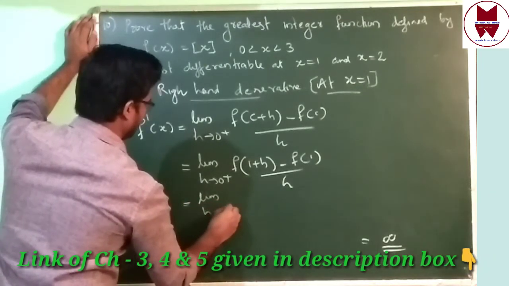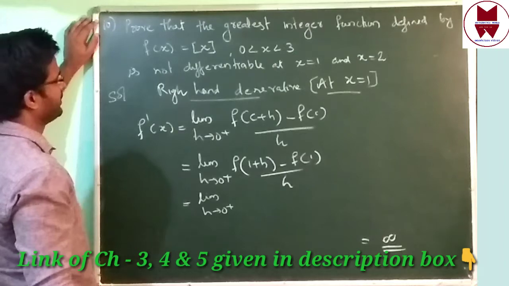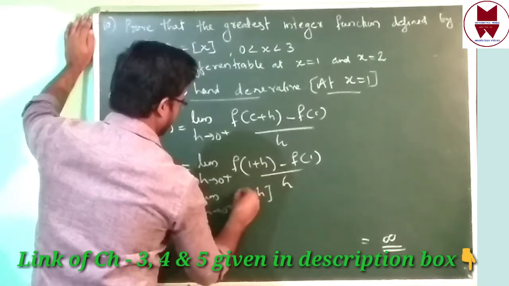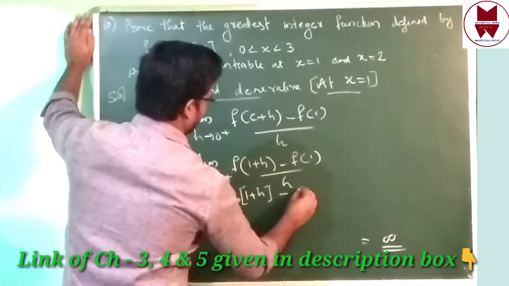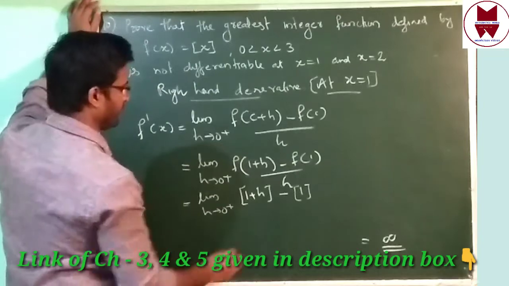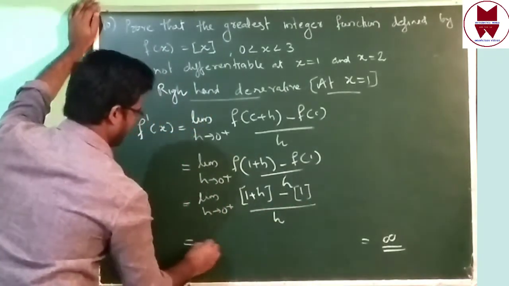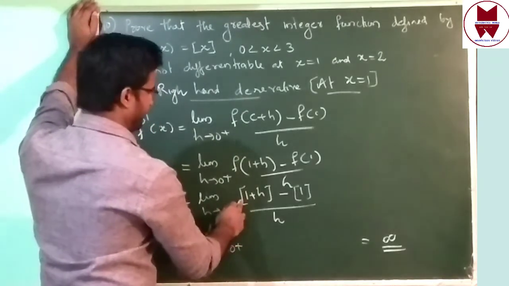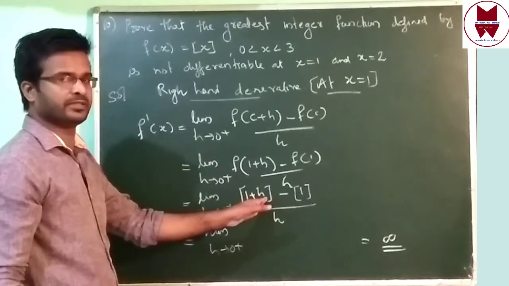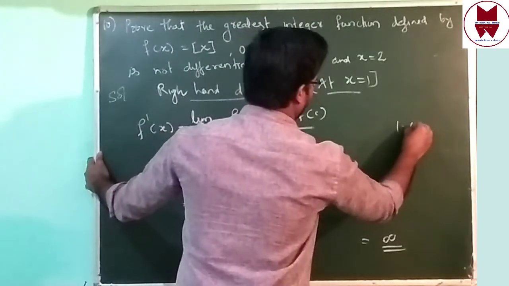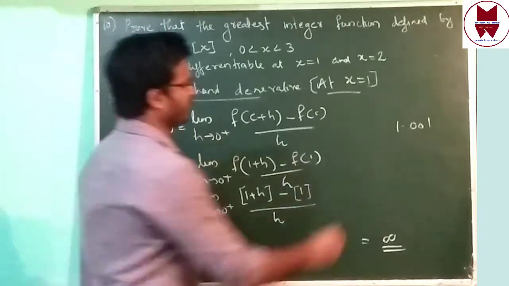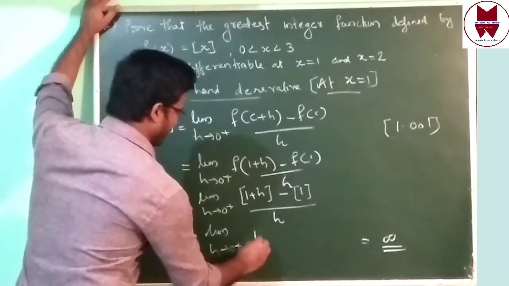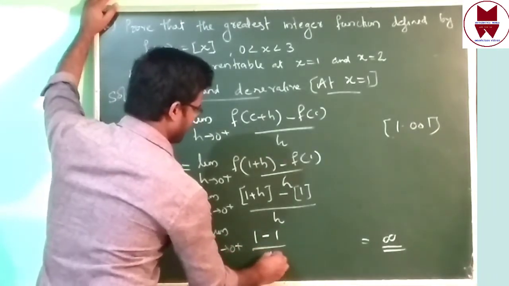The greatest integer of 1 + h, with h a very small number, means 1.00 something, isn't it? Then when you take the greatest integer, what answer do you get? The answer is 1, isn't it?